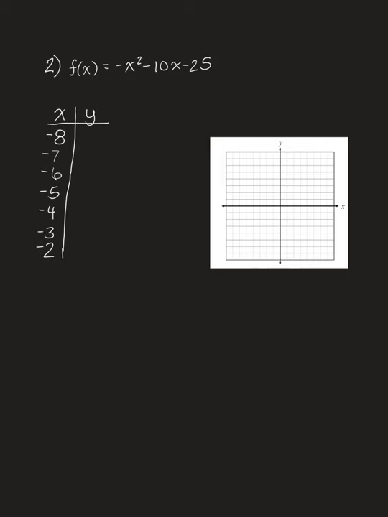Now we have another one: f of x is equal to -x squared minus 10x minus 25. I'm going to plug these x values into my function to get out my y value.